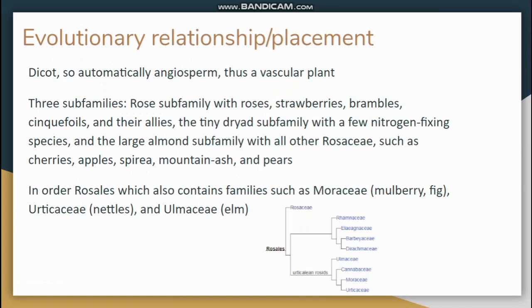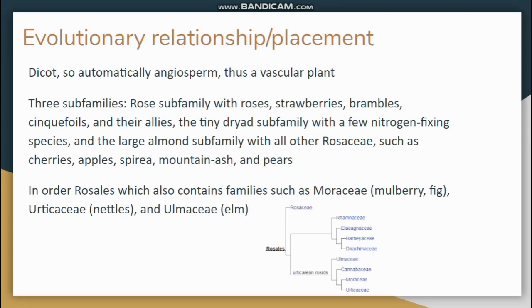Now, within the plants, they are part of the Dicot class. And so, because you can't outgrow your ancestry, if you are a dicot, because dicot is only within the context of angiosperm, so if you're an angiosperm, you're either a monocot or a dicot.